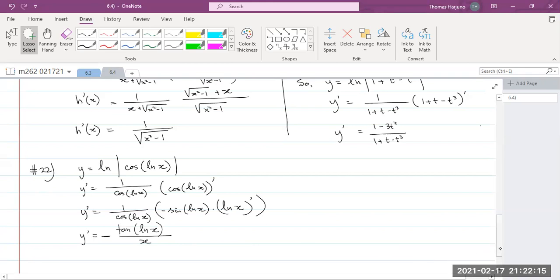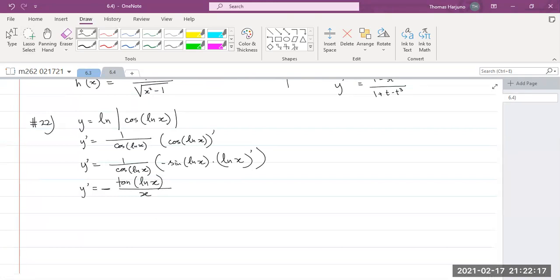Logarithmic differentiation. So from number 43 to number 54.